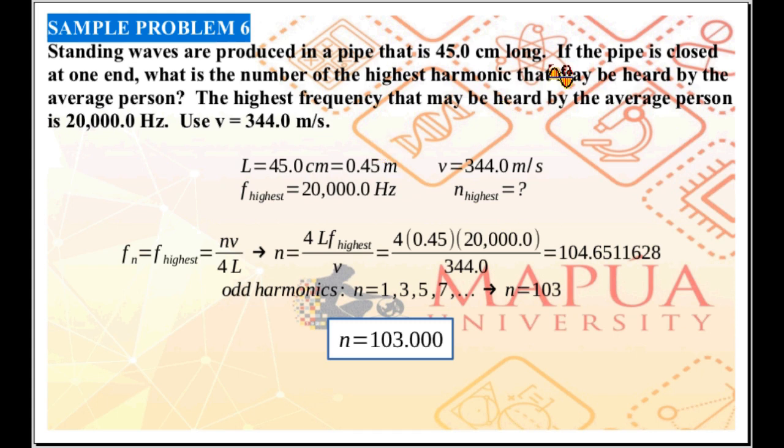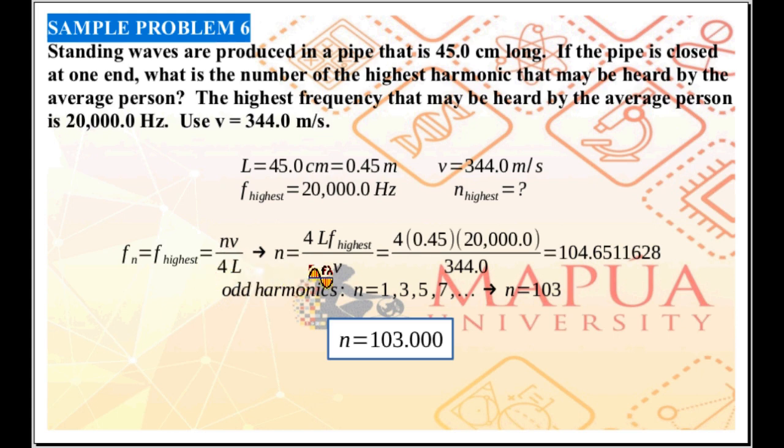Now this is a pipe closed at one end. You have the stopped pipe case. The harmonic frequency for the stopped pipe case we know to be Fn is equal to nv over 4L. Let's set Fn to the highest frequency that may be heard by the average person. So Fn is equal to F highest.